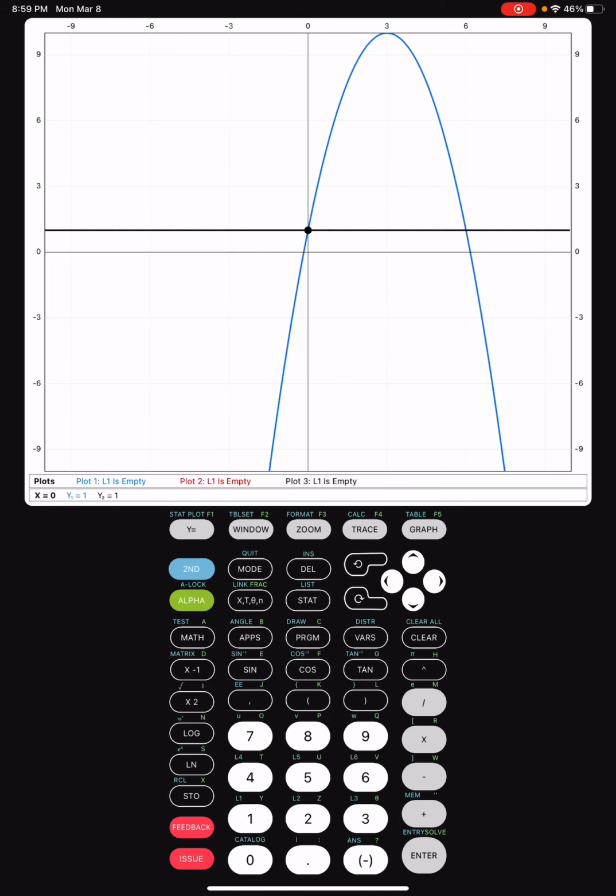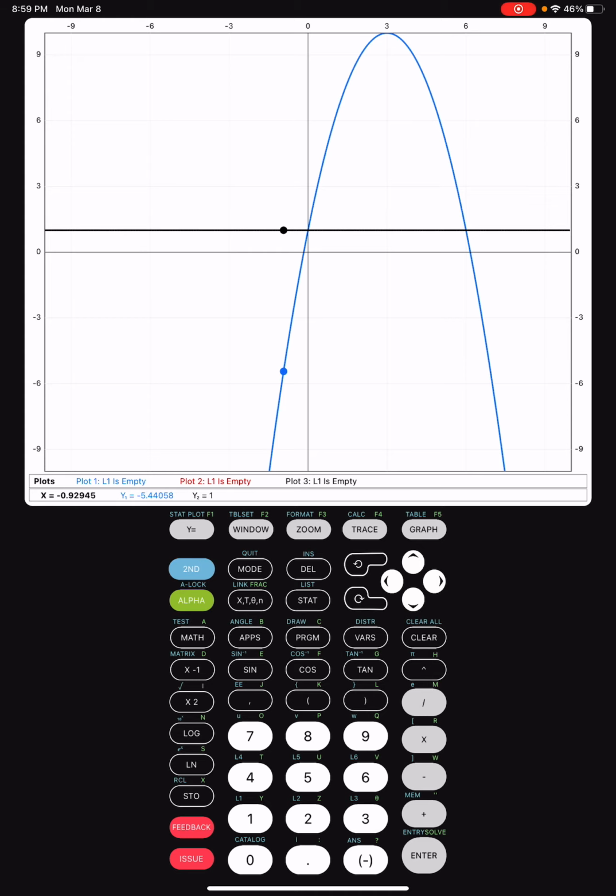Let's hit graph. You see a parabola intersecting a line. Well, that's kind of obvious, right? The x squared function is a parabola, y equal 1 is a horizontal line. So there are two intersection points, right over here and then right over here.